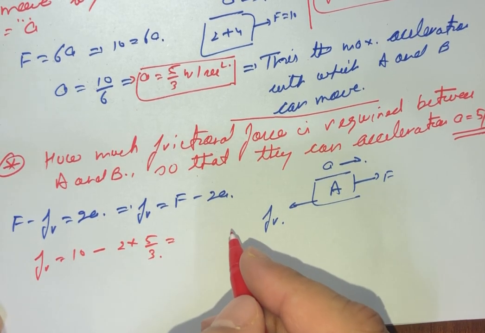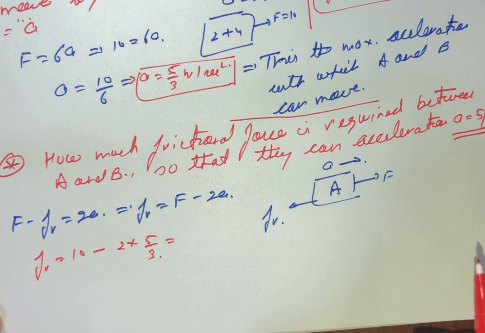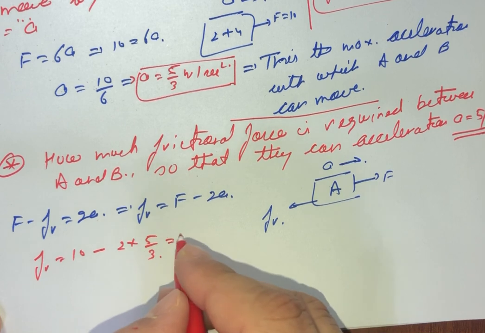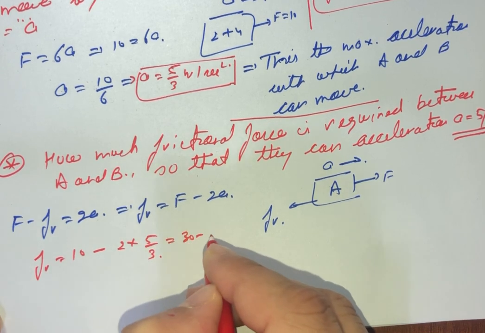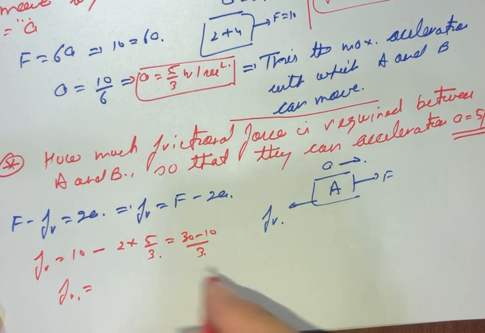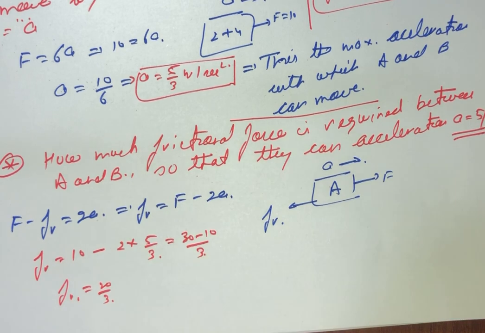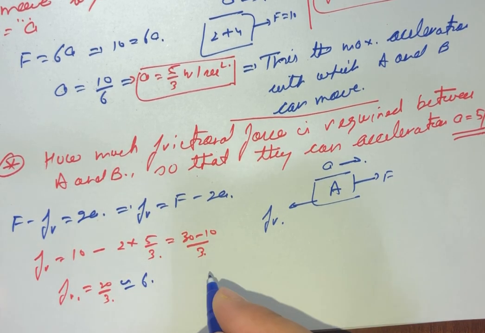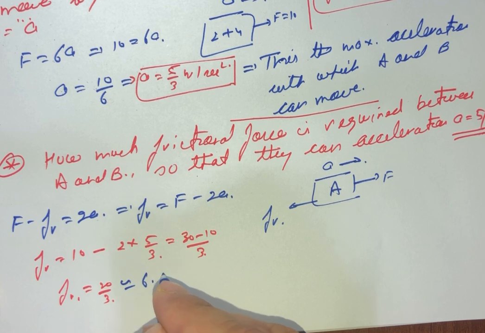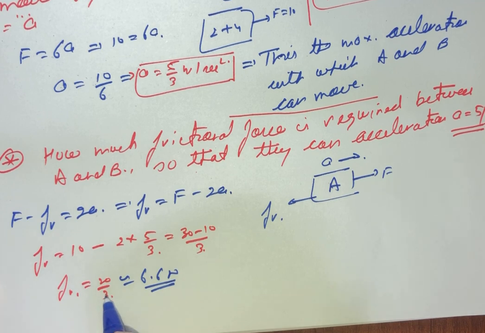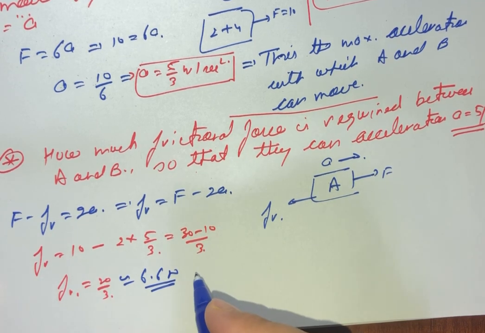So this will be 30 minus 10 divided by 3, or Fr will be equal to 20 by 3, and that will be approximately equal to 6.6 something newtons.